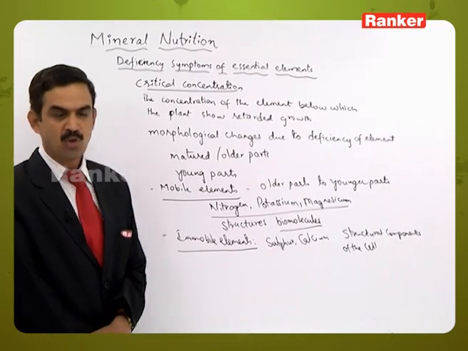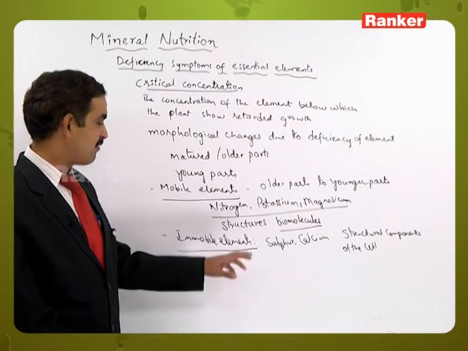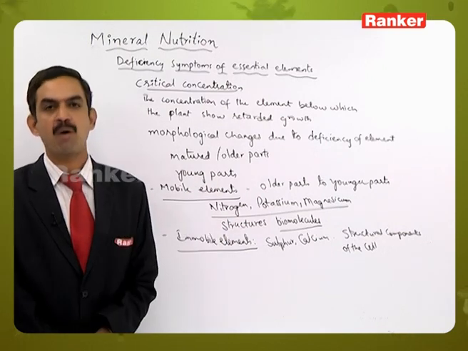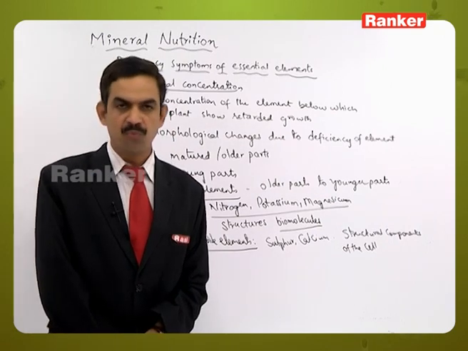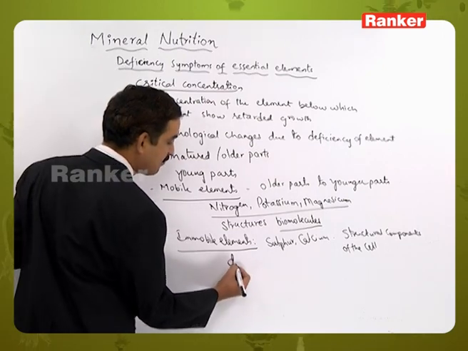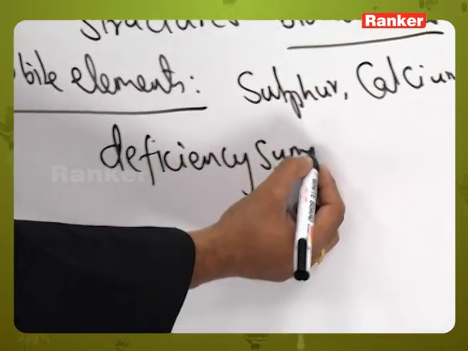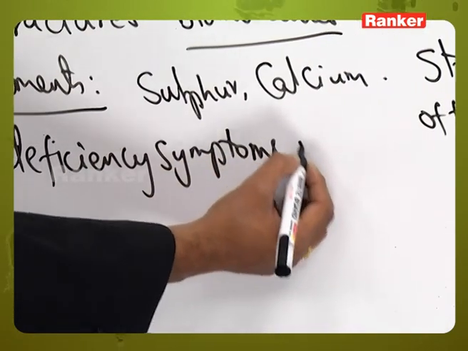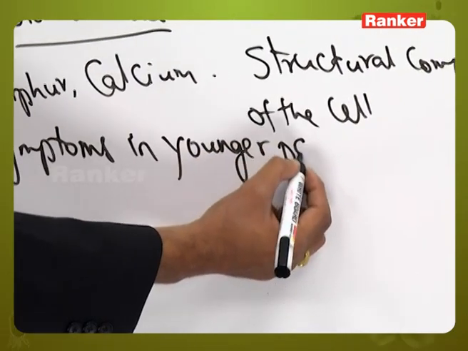So there is no possibility of breakdown of these structural components. So they are retained in the older parts only. When they are retained in the older parts only, they cannot be moved from older to younger parts. That is the reason why the deficiency symptoms are observed in younger parts of the plant body.